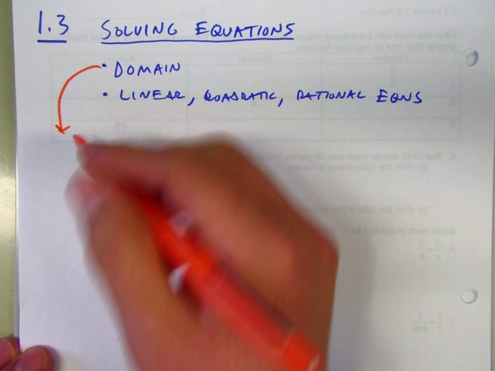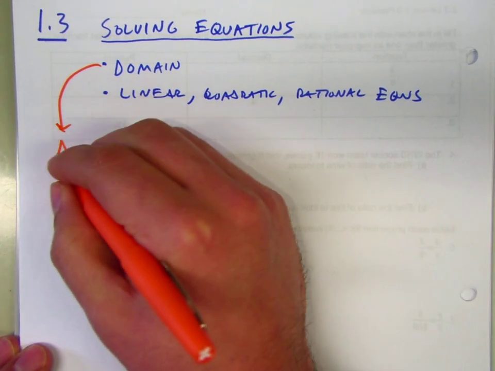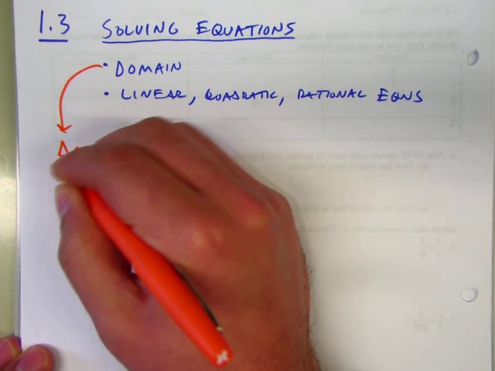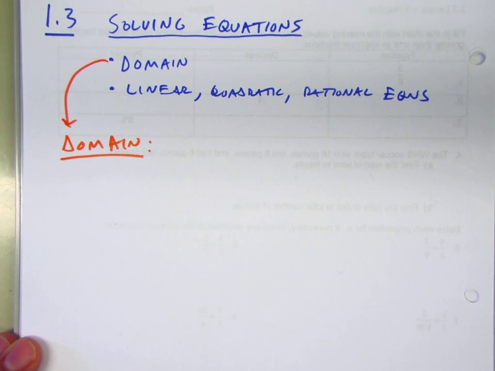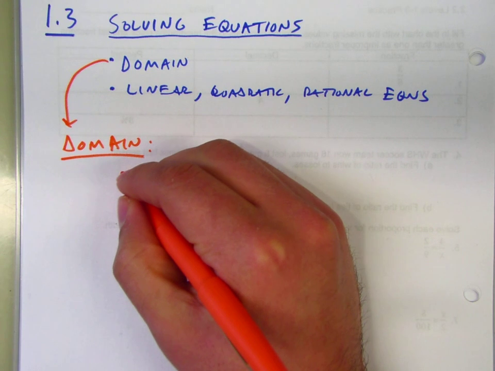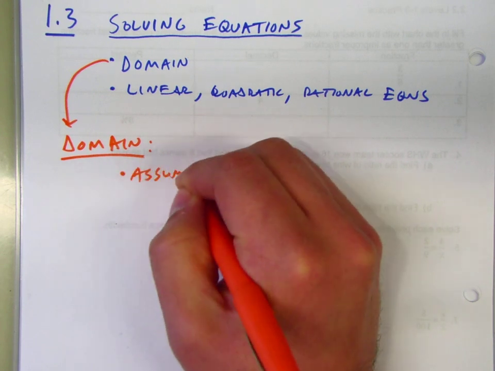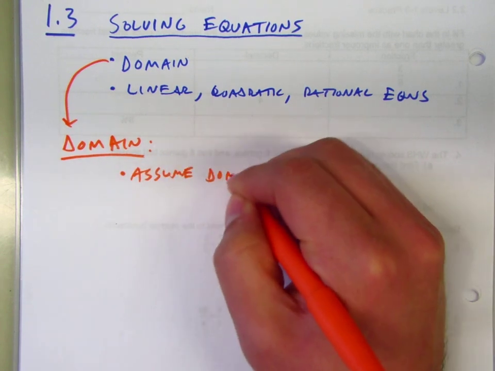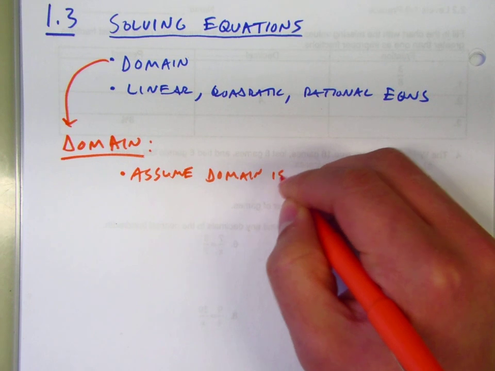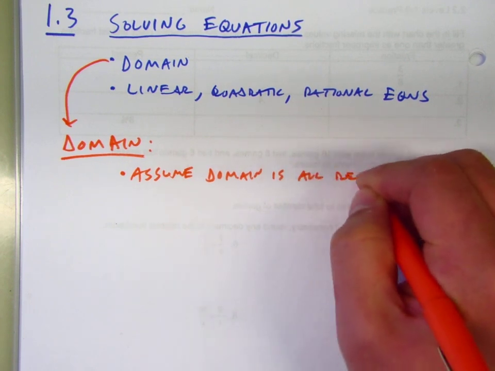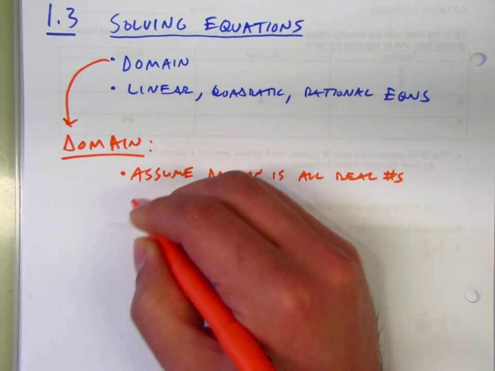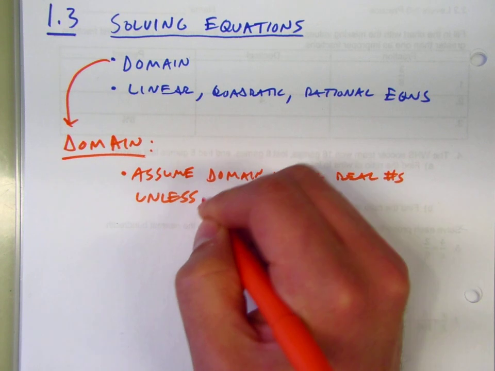So, all right, anyway, domain. For you guys, probably the easiest approach we're going to take is to assume that the domain is all real numbers, unless you have one of two things for now.